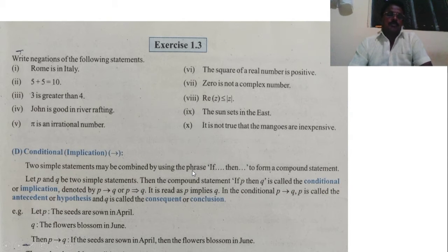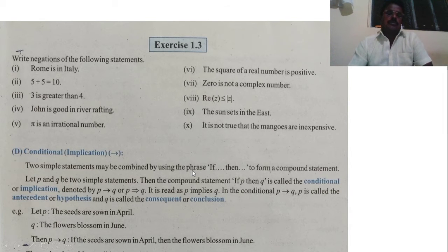Next, number 4: John is good in river rafting is the given simple statement. The negation of P is John is not good in river rafting.